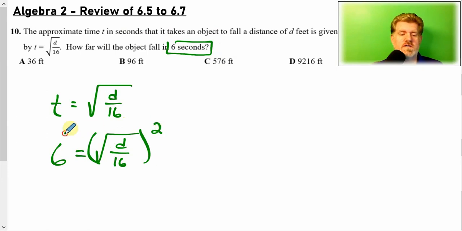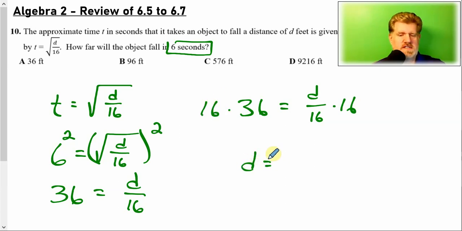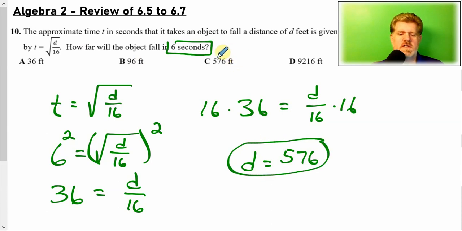A square. 36 equals d over 16. Put that over here. So how do we solve for d? Multiply by 16. 16 times 36. It's 576. The answer is C, 576.